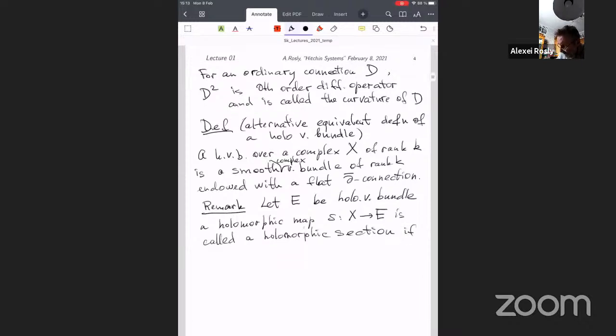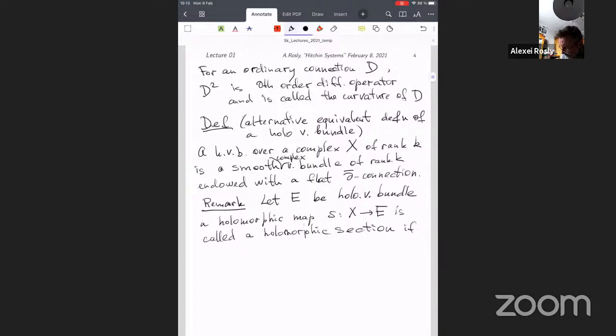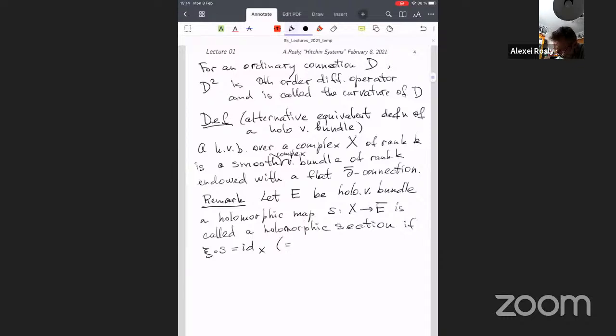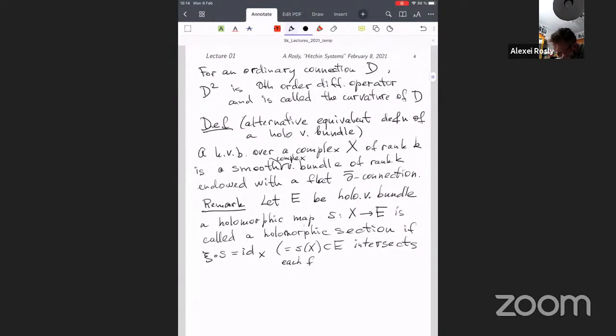For any definition of a section, it is compatible in the following way with the projection: the composition of the projection psi and S equals the identity on the base, which means that the image of the section intersects each fiber at exactly one point.